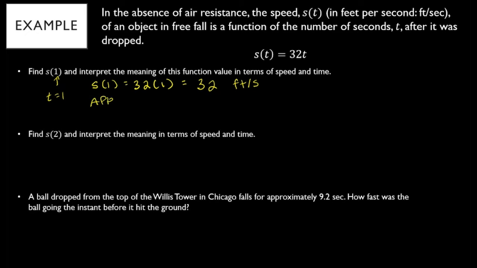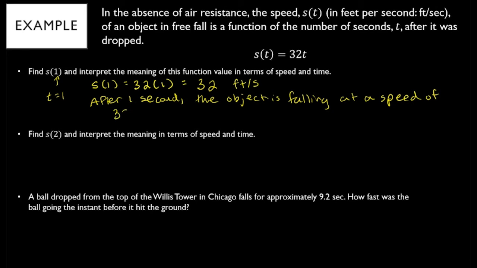So after 1 second, the object is falling at a speed, because that's what we're measuring our output as, a speed of 32 feet per second. That's what the meaning of this number 32, s of 1 equals 32, is telling us: after 1 second, the speed of this falling object is 32 feet per second.